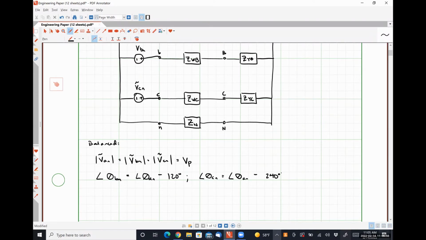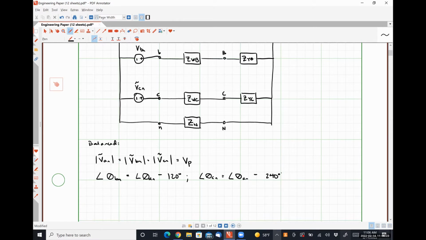Technically, this is true only for a positive phase sequence system, right? If I change the sign to plus 120 and plus 240, this would still represent a balanced three-phase system. It would just be one in which there is a negative phase sequence, okay? But since we're going to work pretty much strictly with positive phase sequences in this class, I'm going to leave this as said.